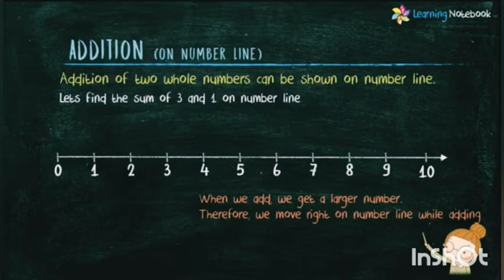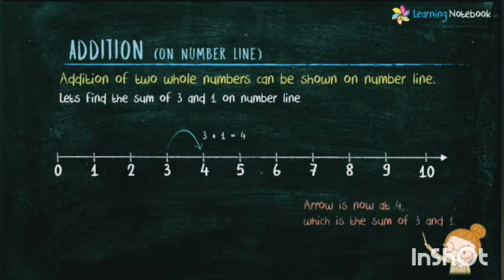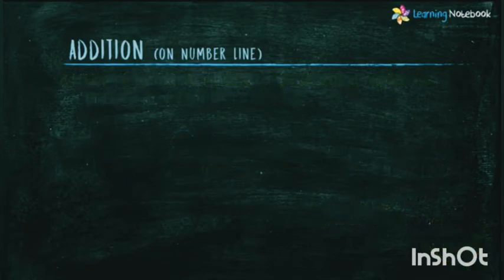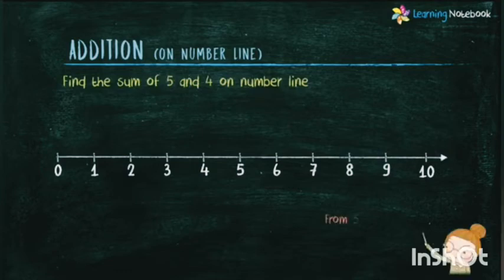For adding, we will move right on the number line because in addition we get a larger number. Now, let's add 3 plus 1. From 3 jump one time. As we need to add 1 to 3, the arrow comes at 4. Therefore, the sum of 3 and 1 is 4. This is how we do addition on the number line.